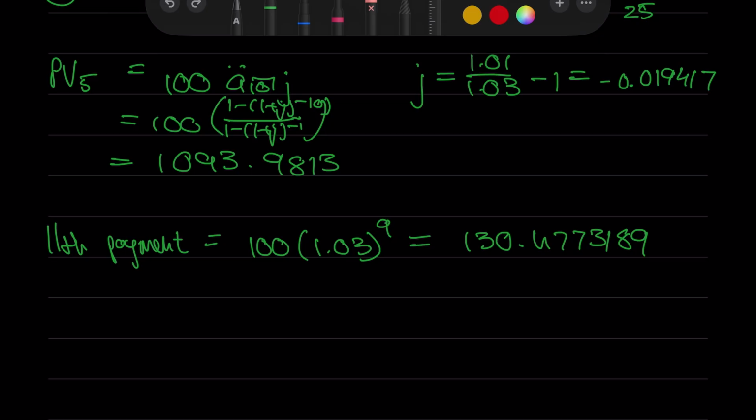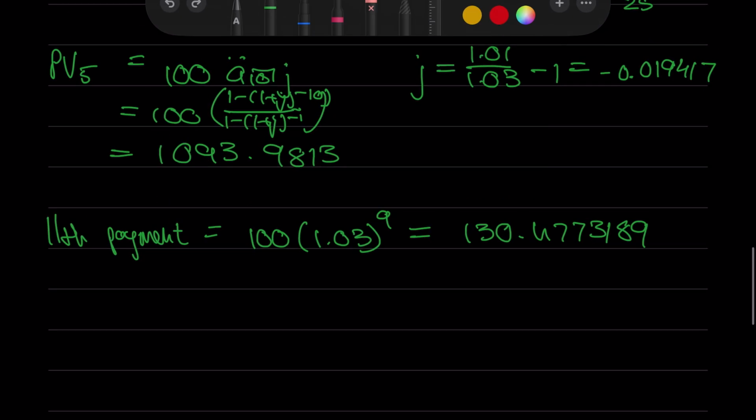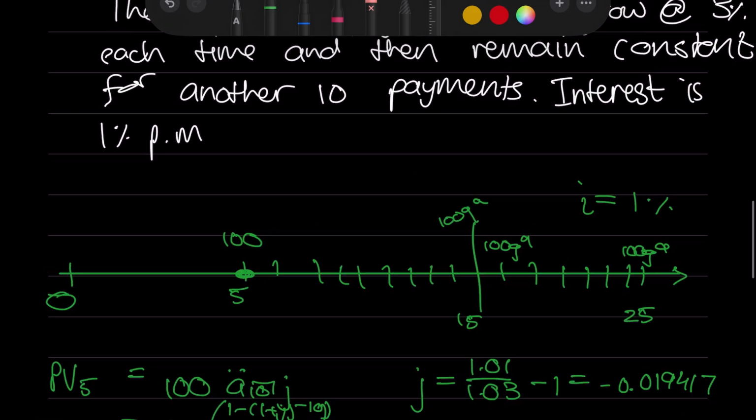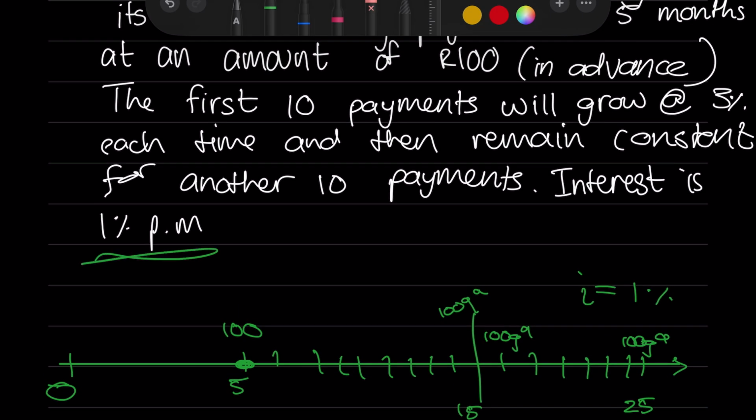Cool. So now we're getting the present value at time 15 to this bit. 10. And now I'm just going to use the 1%. There's no growth. So we will just be chilling here with this interest rate of 1% per month.